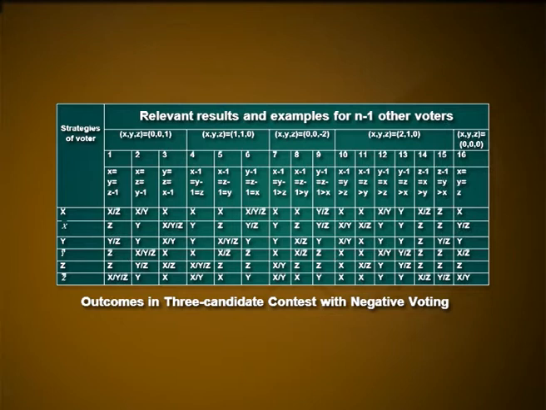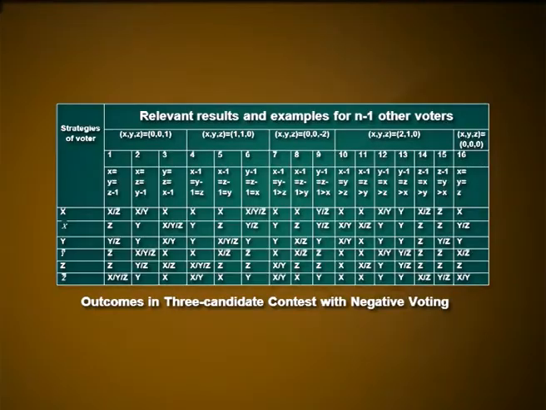In table 2, outcomes associated with 16 relevant results and 6 strategies of each voter are shown for a plurality election. Numerical examples are also given in table 2 for the subsets of relevant results that are the same except for the order in which x, y and z are listed in the triple (x, y, z).